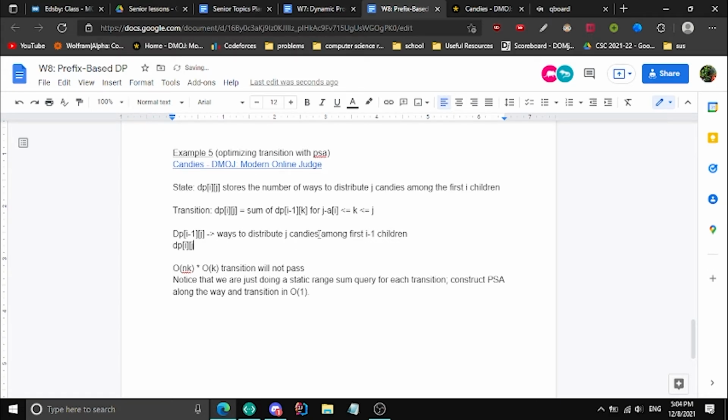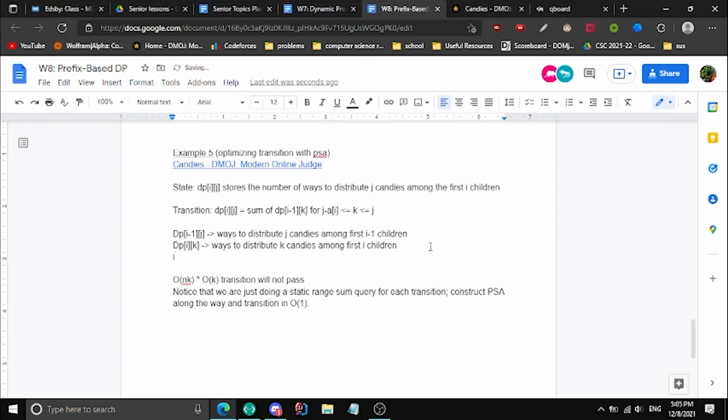And dp at i at k, let's use another variable k, is the ways to distribute k candies among the first i children. So if I transition from here to here, that means that the i-th child must have taken k minus j, right?